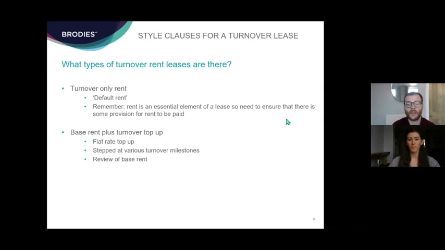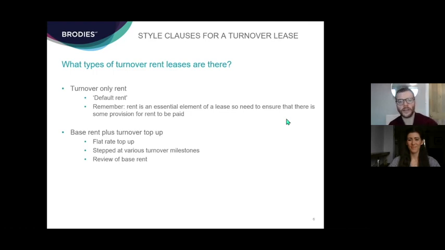But looking at that from a tenant perspective as well, you want to make sure that when you're negotiating heads of terms, there's some discussion about what value the rent will be at. Because remember, as I said, it's generally accepted that it would be 80%. So you don't want it to be initially 80%, and then at rent review, we go straight back up to market value, because then the landlord would be winning really twice there. So that's something else to bear in mind as well.